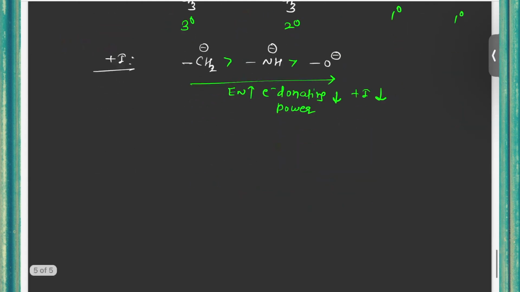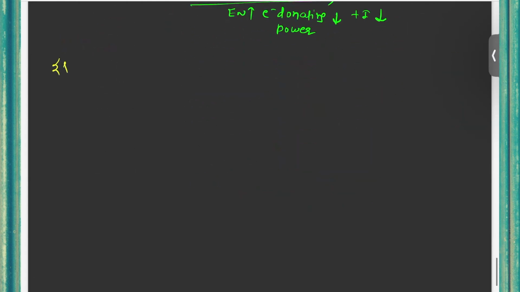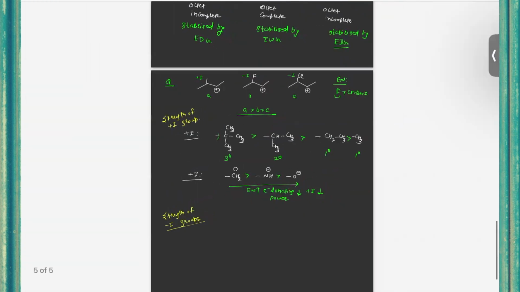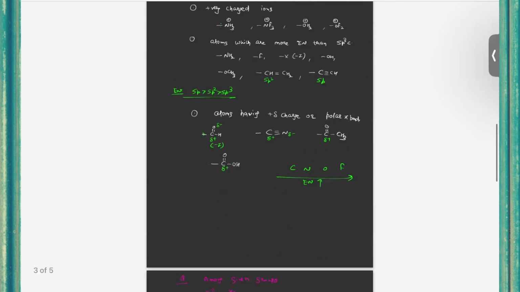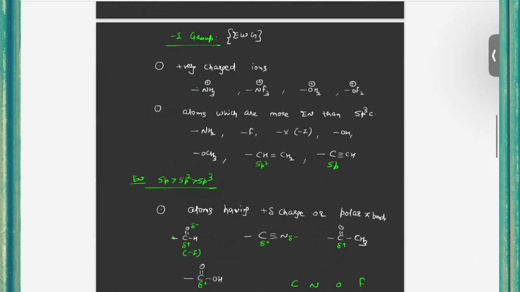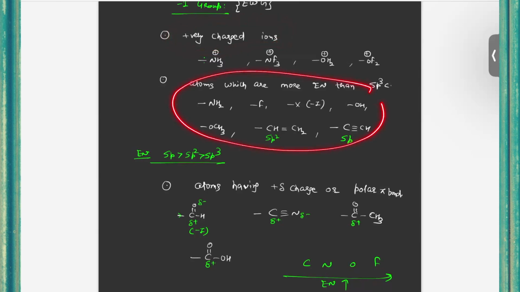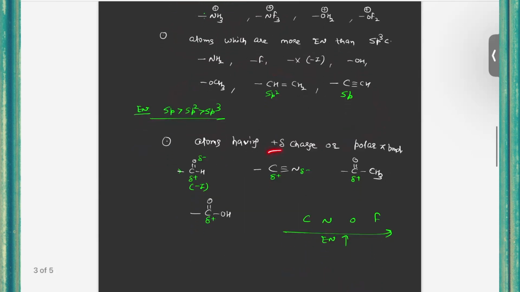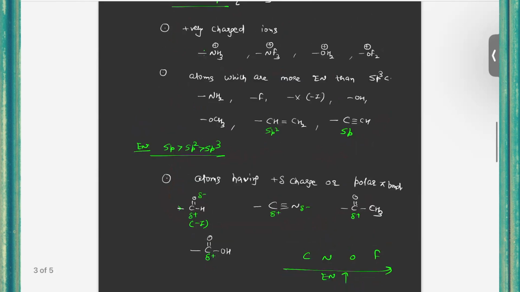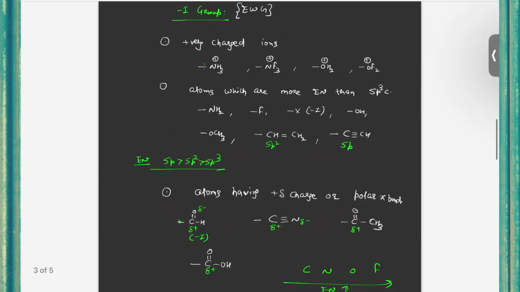In the similar way, we can see the strength of minus I groups. Actually we have seen three categories which are having minus I: one which was positively charged ions, one which was neutral, and one which was having partial positive charge. So you tell me one thing here.